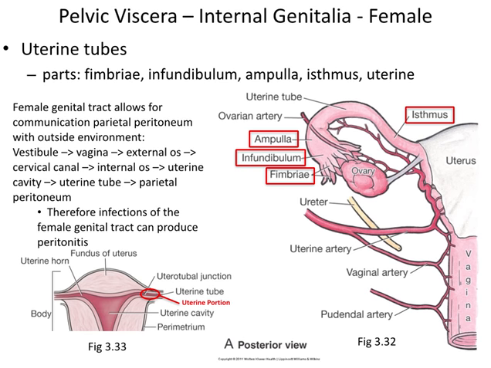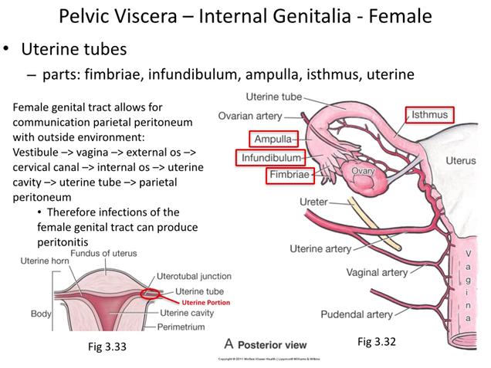And then from the uterine cavity you go through the uterine tube, and there's actually a connection there with the parietal peritoneum.